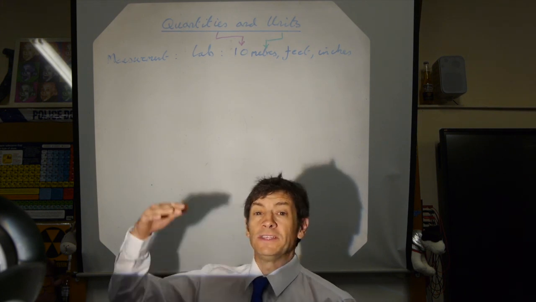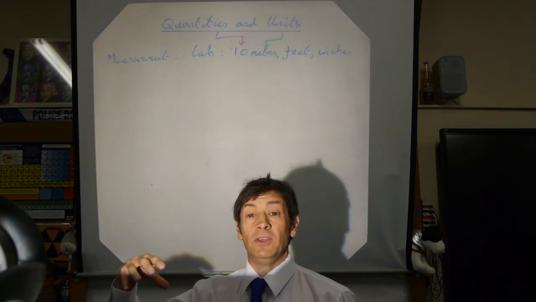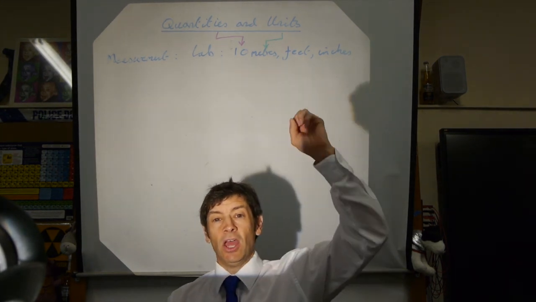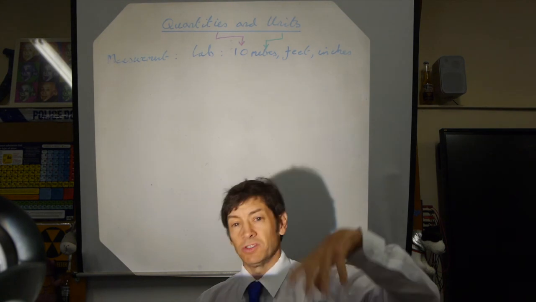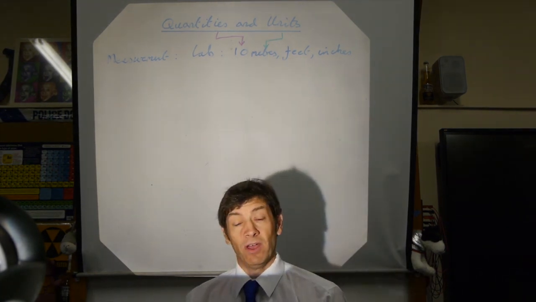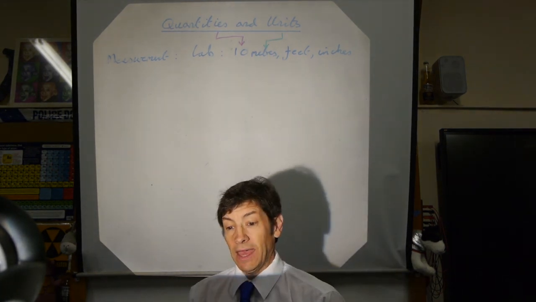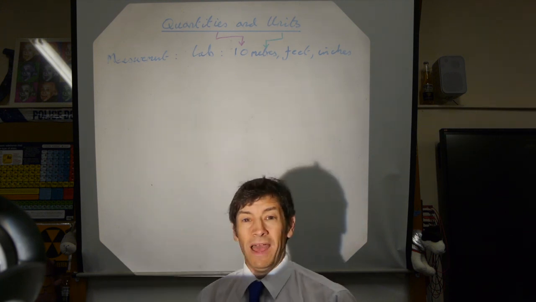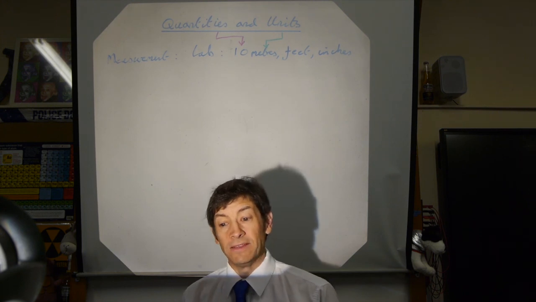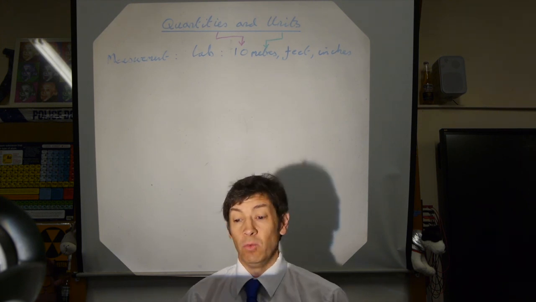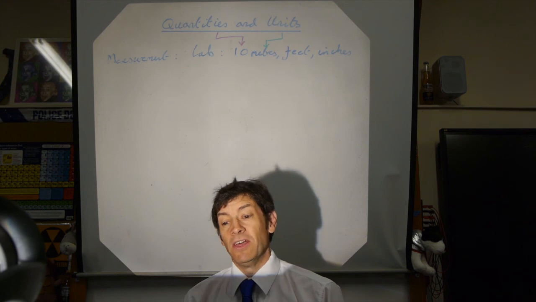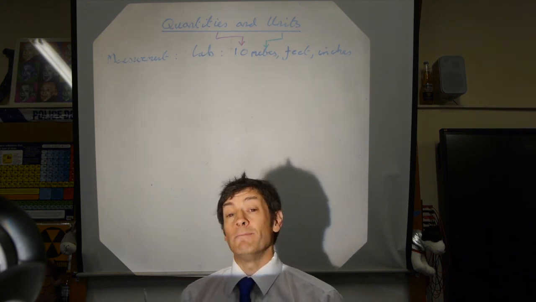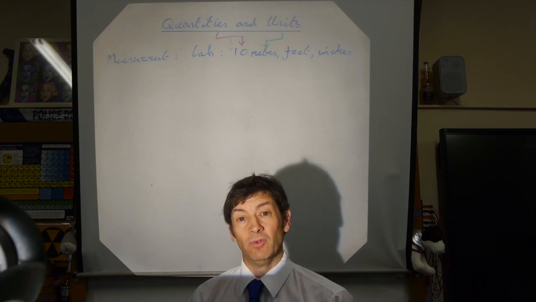If you divide one unit by the same unit, if you measure your efficiency in joules divided by joules, or watts divided by watts, you'll lose the unit. Never mind what units you work in, as long as the top one and the bottom one in your maths are the same, you'll end up with the same answer as everyone else. A quantity that doesn't have units, we could describe as being dimensionless, and we'll come to that later on.